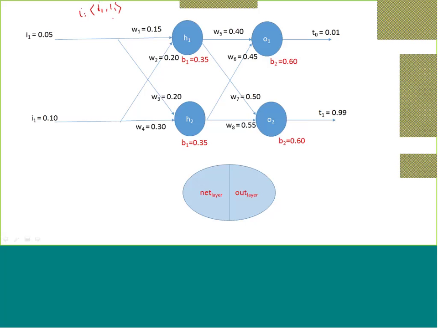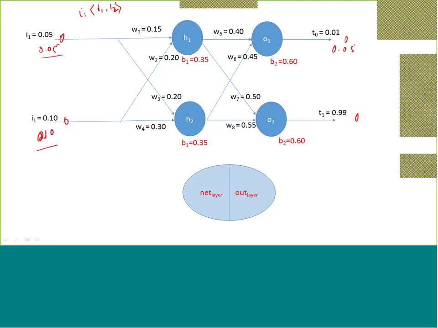So this has two components, I1 and I2. I want to train the neural network in the sense that every time I give the input, I will get the same output. So for example, here I am giving 0.5 and 0.10. This is the input I am giving. My motive is to design it so that whatever input I give, I get the same output.